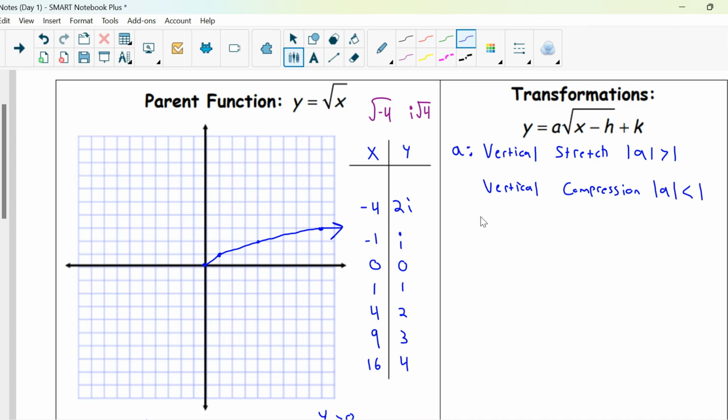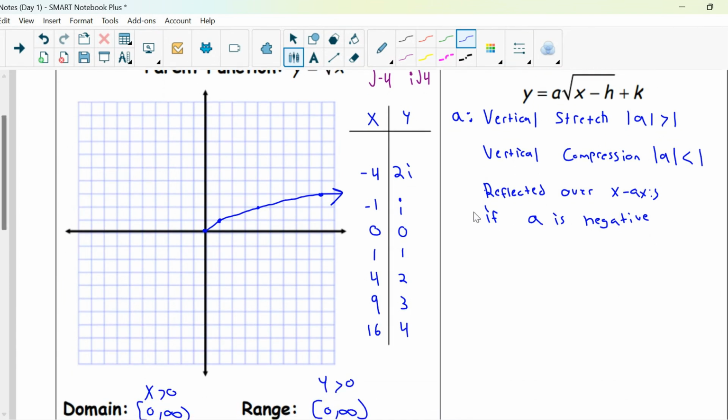Okay, the only other thing that a does is it will reflect over the x-axis if a is negative. Okay, so a determines a lot about our function.